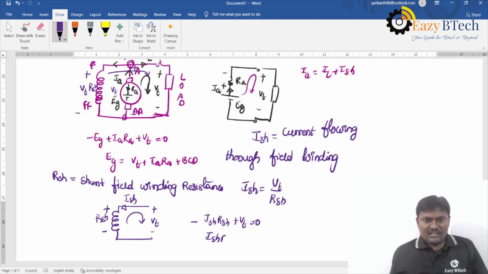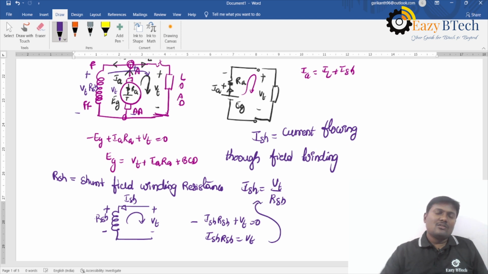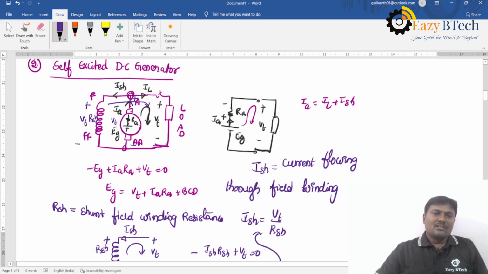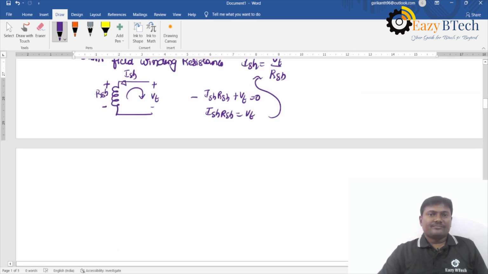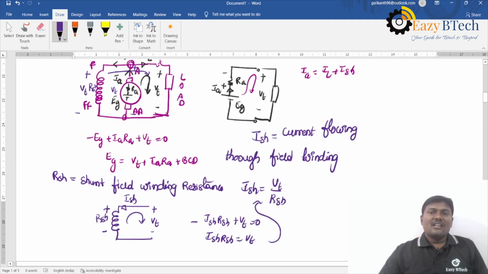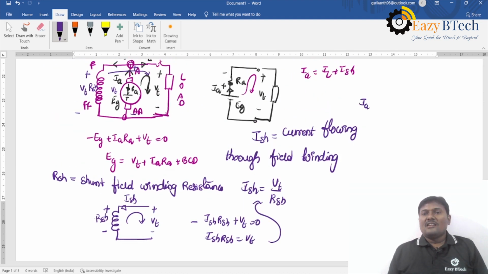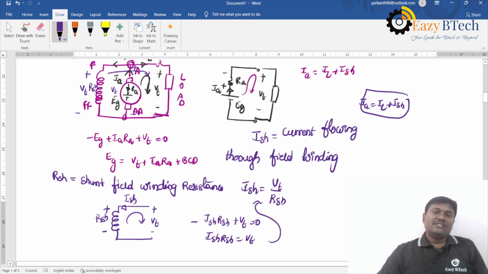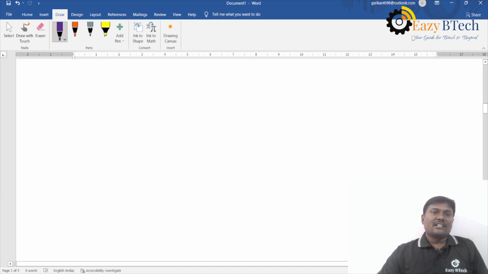Then ISH RSH is equal to Vt, so ISH is equal to Vt by RSH. When a loop is available, you can apply KVL, and when a node is available, you can apply KCL. In this case, IA is equal to IL plus ISH. The armature current meets the load current and shunt current.